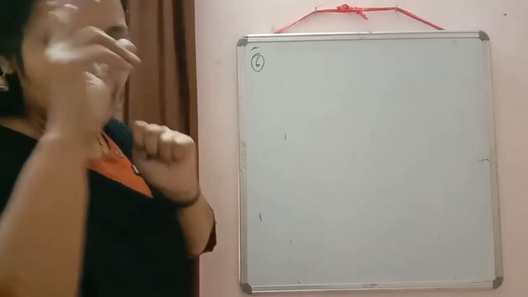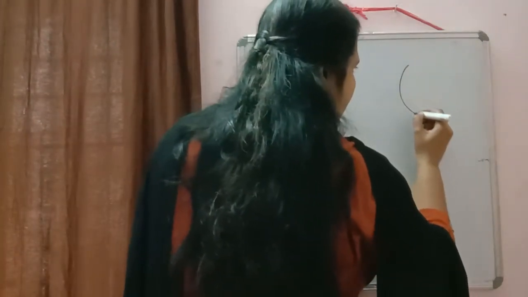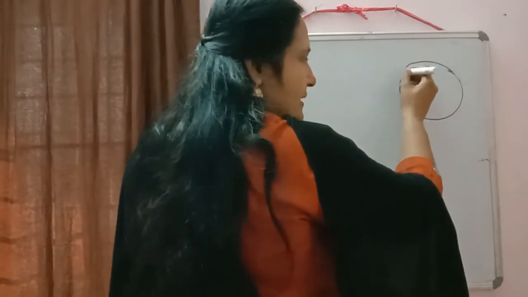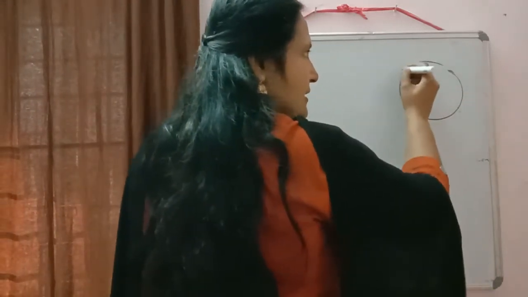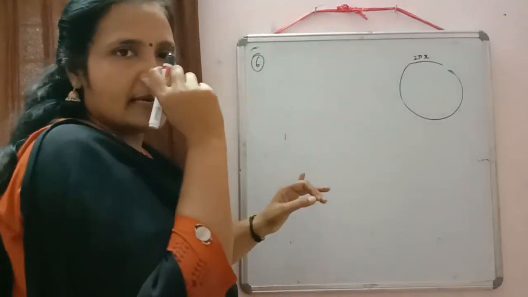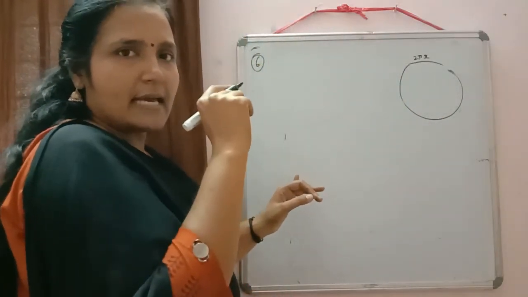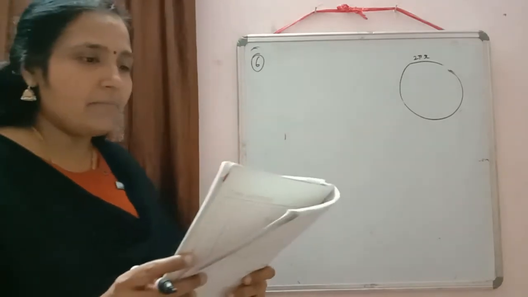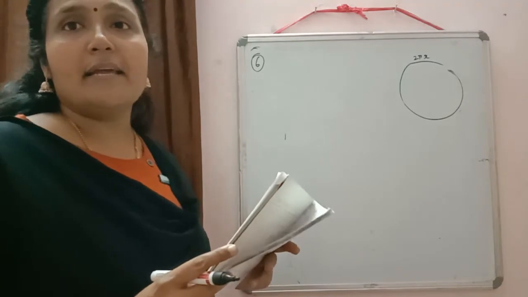So 1 revolution. If we are moving in 1 revolution, it means we will move till here. So the distance covered in 1 revolution is equal to 2 pi r, the circumference of the circle. And it is given that a wheel makes how many revolutions in 1 minute? 420 revolutions.